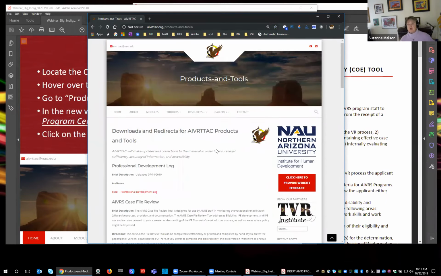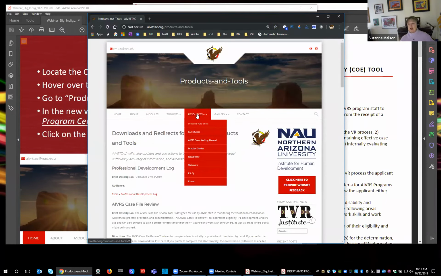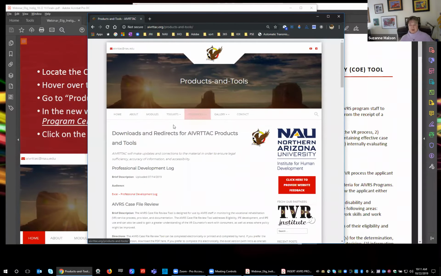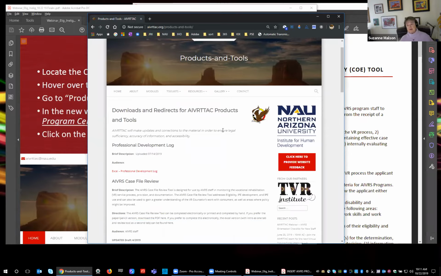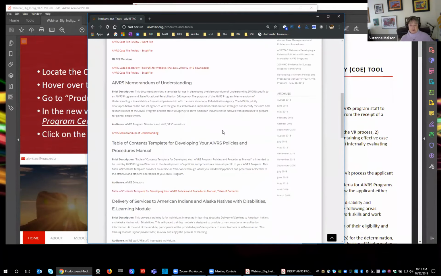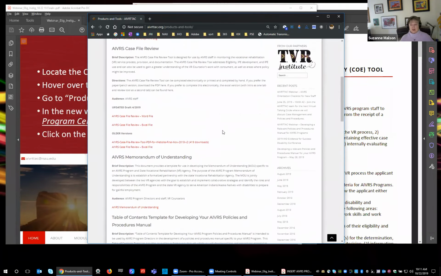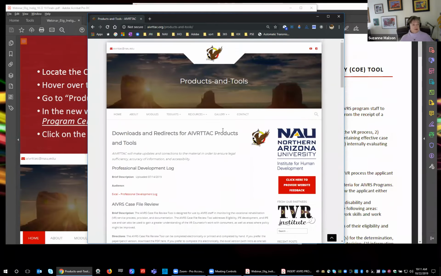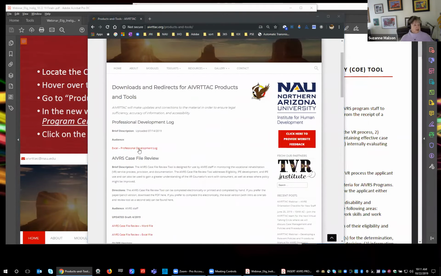You hover over resources, then go to products and tools, and in that window you scroll down until you find the AIVRS Program Certificate of Eligibility Ineligibility, which is the COE tool. John has it up there so that you can see how to do that. You click on the tool, and then you can download it.